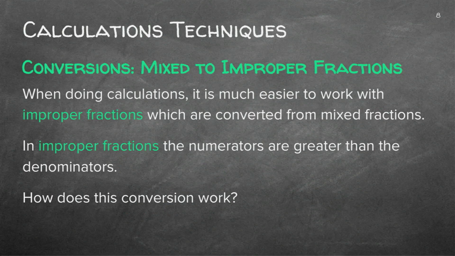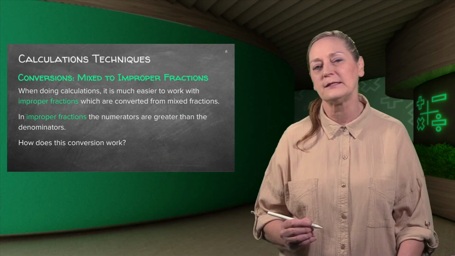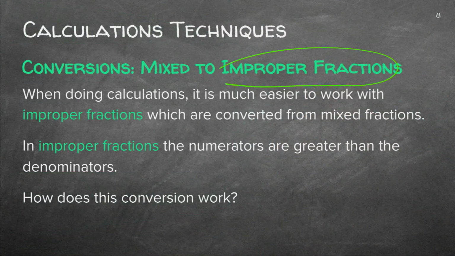This is called a mixed fraction. But when you do calculations in maths, and you will see it especially in the next lesson, always convert your mixed fractions to improper fractions. Otherwise, you're going to make mistakes. So remember that. And in improper fractions, the numerators are now greater than the denominators.